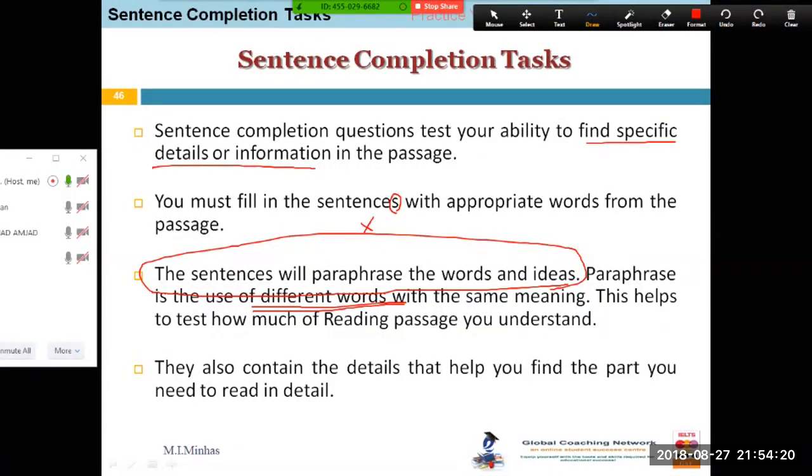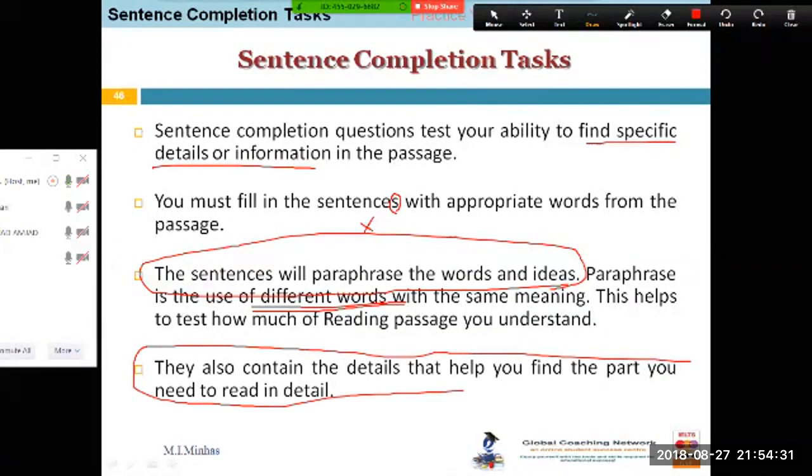They also contain the details that help you find the part of the passage. That is the same thing that we have already covered. If you remember, we studied a two-step procedure. In the first step, we locate the relevant part of the passage where something is mentioned, and in the second step, we find out the exact details asked in the question.